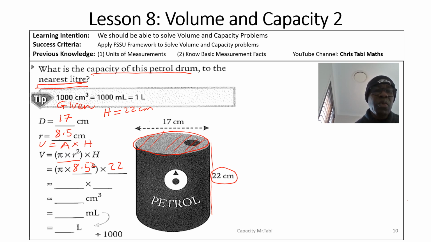Remember, our answer will be in milliliters. So really, the decimal points have no value here, because we're still going to be dividing by 1,000 to get into liters. So let's grab our calculator and do second function times 10.